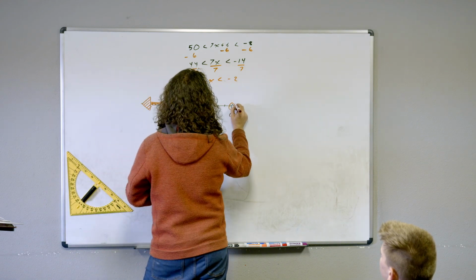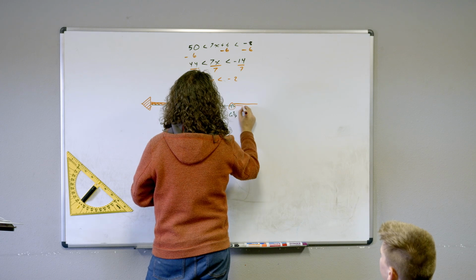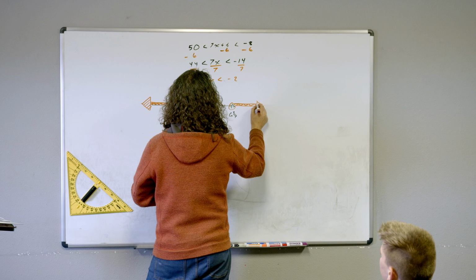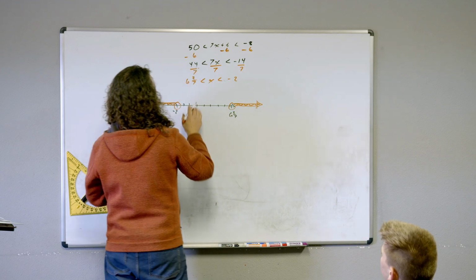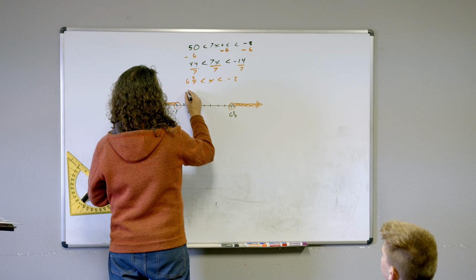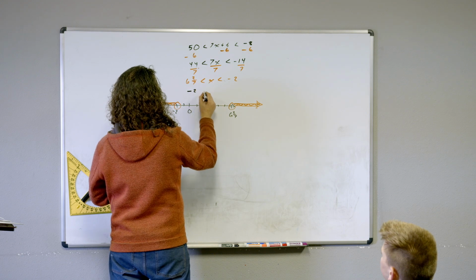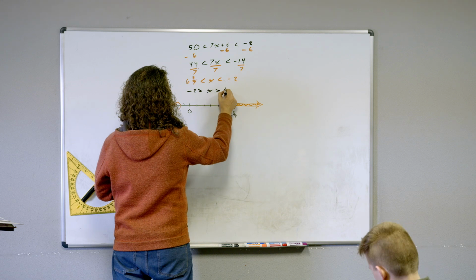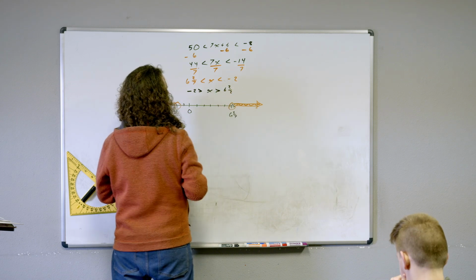A lot of times, and you don't necessarily have to, at least in this class, we'll rewrite our compound inequalities with the smallest one first, so that would turn into negative 2 greater than x greater than 6 and 2/7.